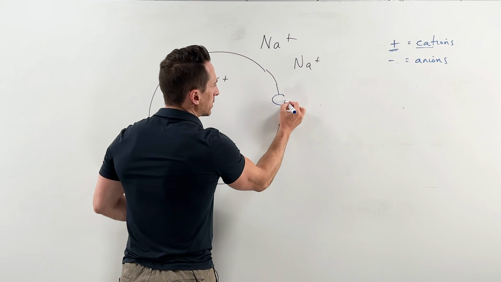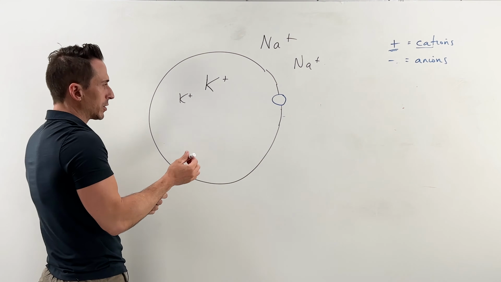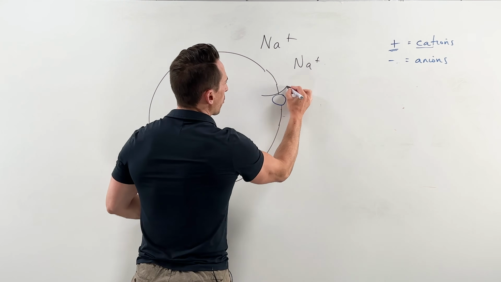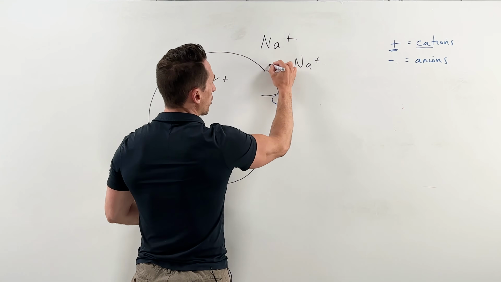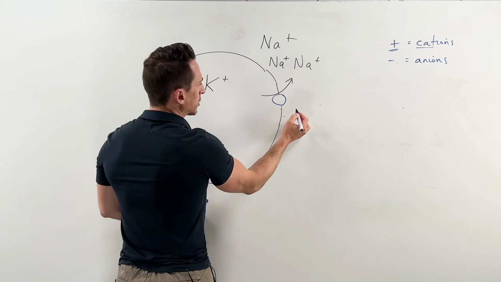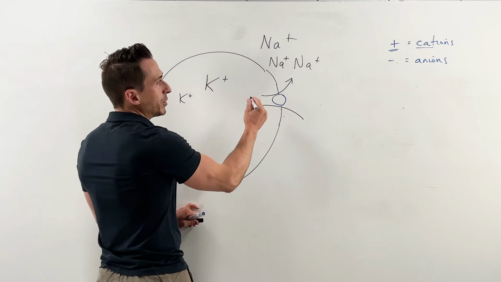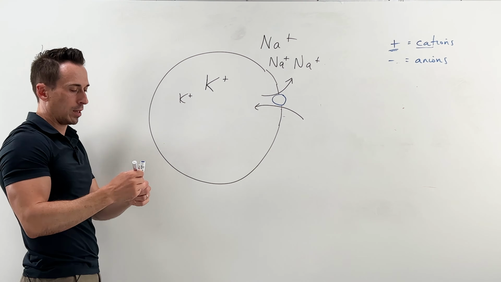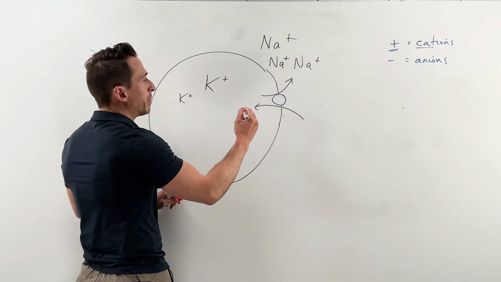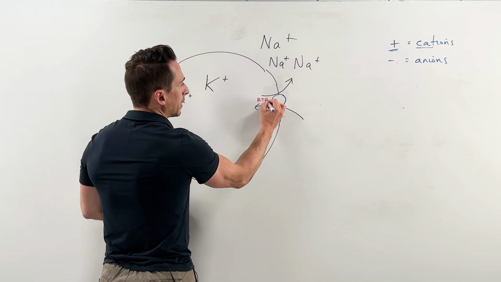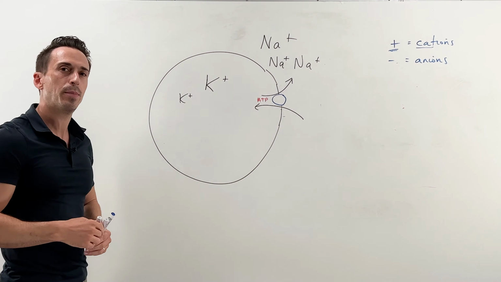There is a pump that sits in the wall of these cells, and its job is to throw 3 sodium outside of the cell and exchange it for 2 potassium. So 3 sodium go out, 2 potassium go in. And it does this using ATP, so energy. So it's called the sodium-potassium ATPase pump.